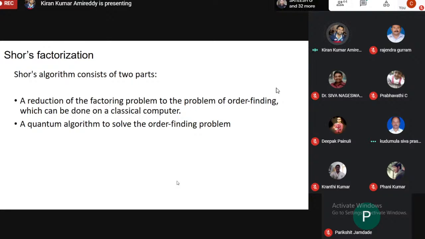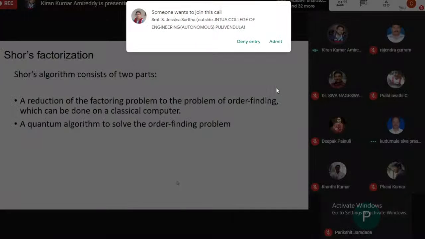Suppose the given number is 6 or 15 or n. The number n we cannot simply give to the quantum algorithm and ask it to find the factorization. Instead, in a classical computer, we'll redefine it and make it computable in the quantum computer using the quantum algorithm.